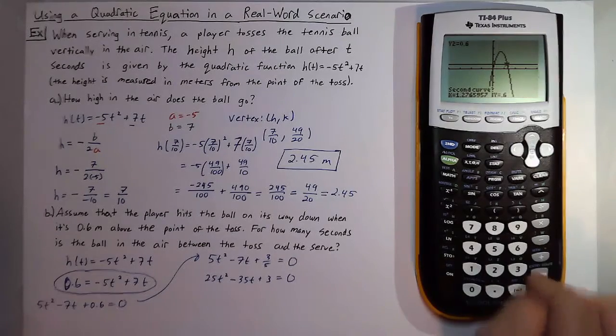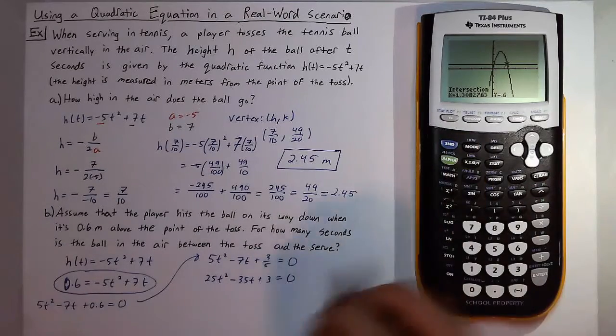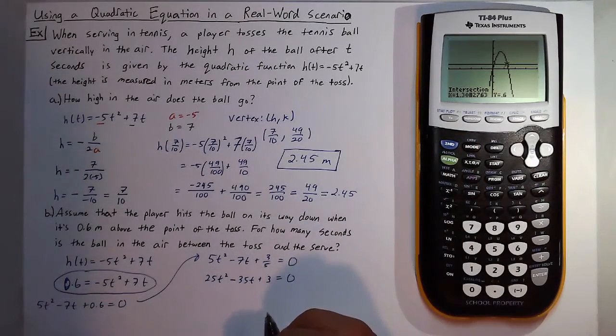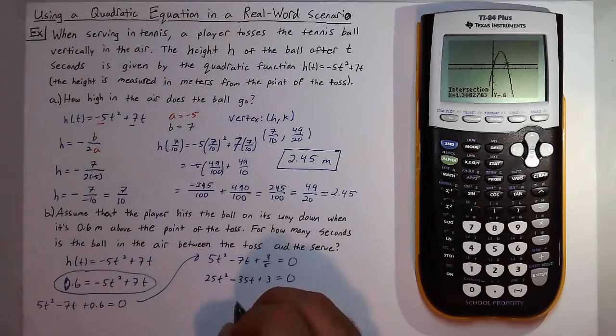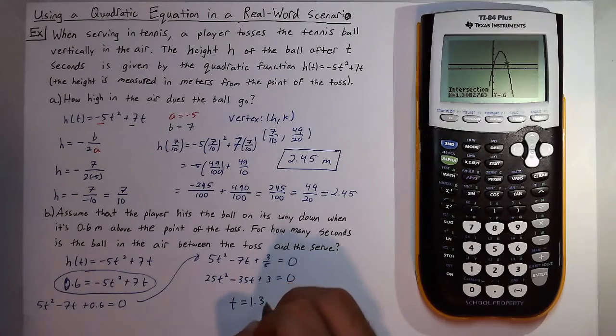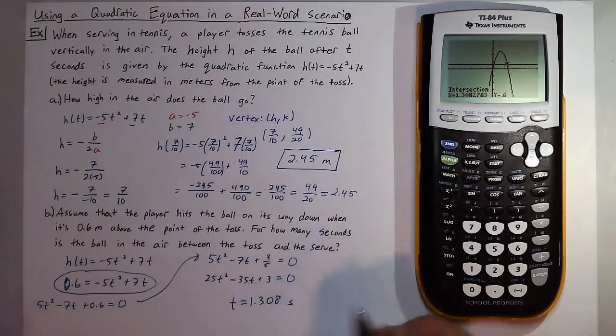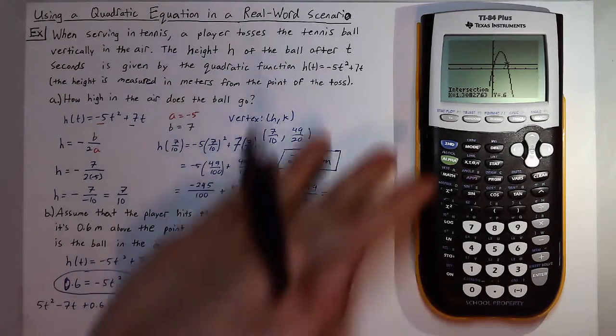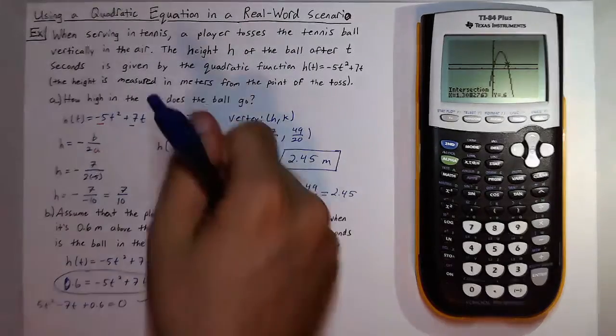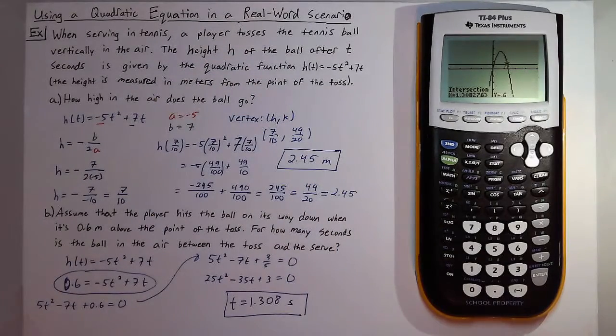Hit enter again, and I can guess at what the intersection point is, and it's that x is equal to 1.308, which I'll keep at 3 decimal places, 1.308 seconds. So at that much time after it leaves their hand, they will hit the ball with their racket. And that is how you use a quadratic equation in a real-world scenario.